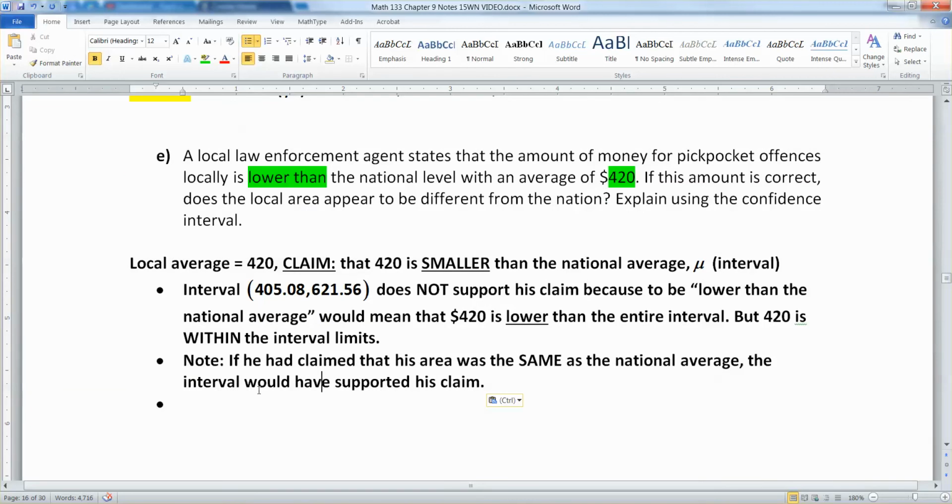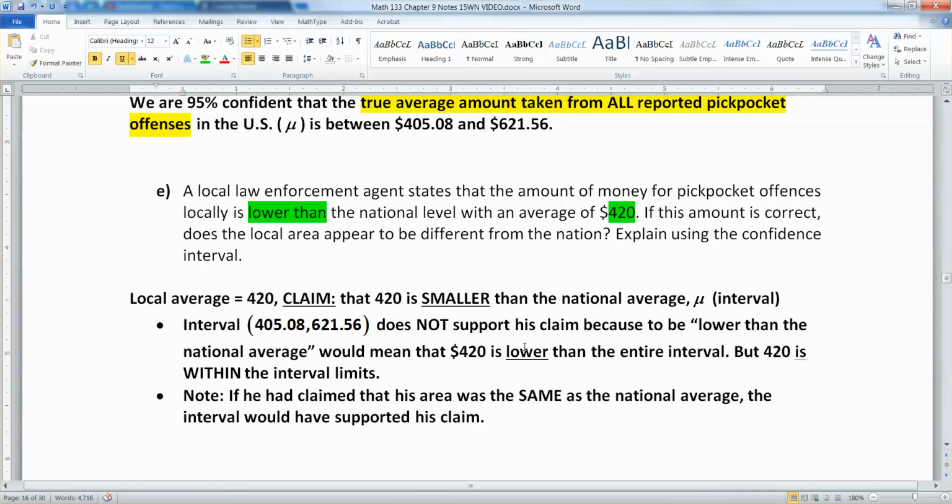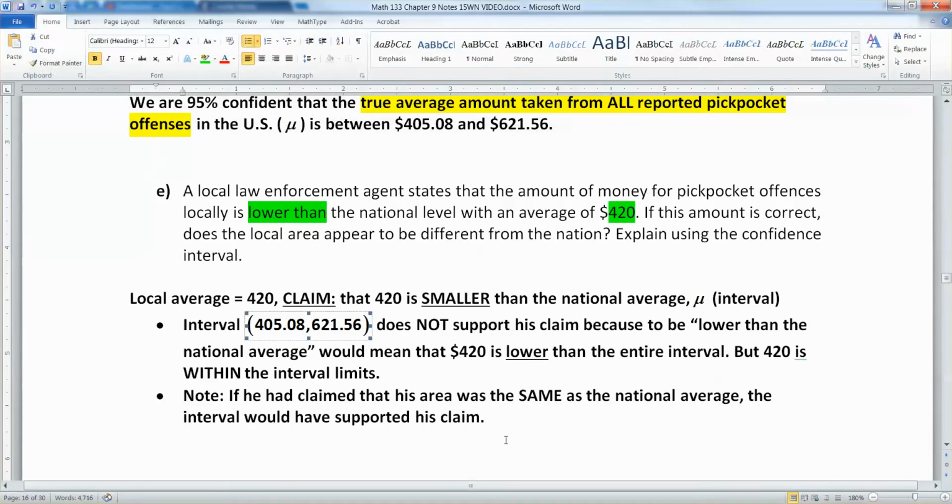But saying that it's lower than the average when 420 is right smack dab in the middle of your interval, no, that doesn't support it. They're claiming that it's lower than, and 420 is not lower than these numbers. 420 is in between these numbers. If they had claimed that his local area was the same as the national average, then we would have supported that claim.